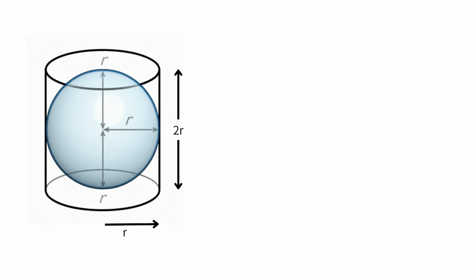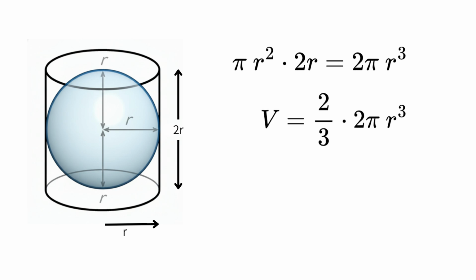The volume of a cylinder is calculated by multiplying the area of the base by the height, so the volume comes out to be 2 pi r cubed. According to Cavalieri's principle, the volume of the sphere is 2/3 of the volume of the cylinder, so we can calculate the volume like this.